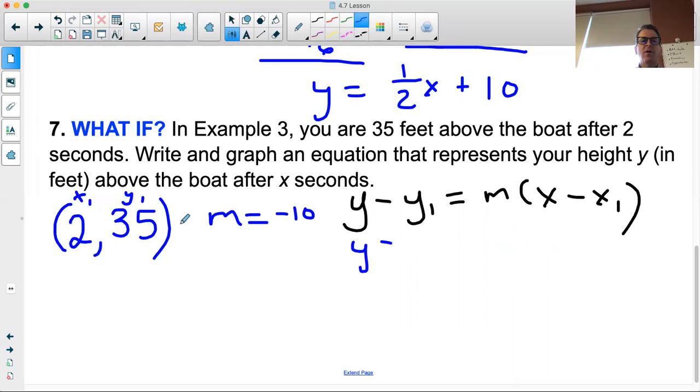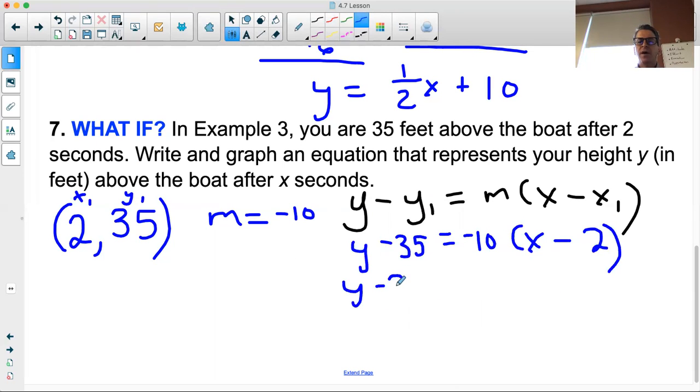Y minus the y1, which is 35, is equal to the slope, negative 10, times x minus x1, which is 2. Moving forward, y minus 35 is equal to negative 10 times x, negative 10 times negative 2 is positive 20.